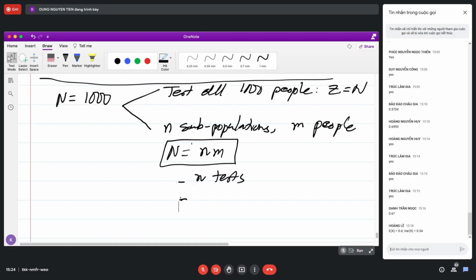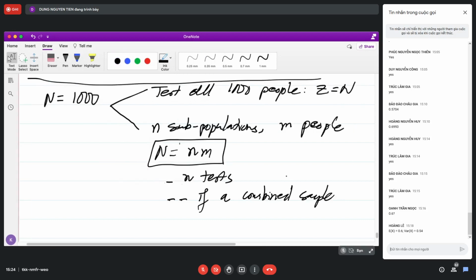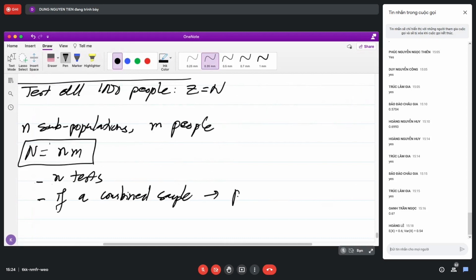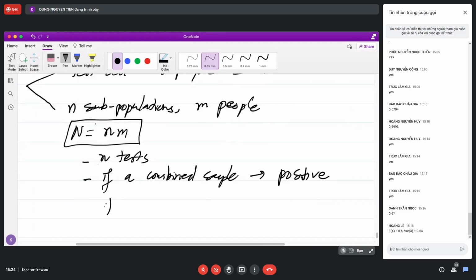The second step: if all of them are negative, then you don't need to do anything else, right? If a combined sample gives you a positive result, how many tests do we need?